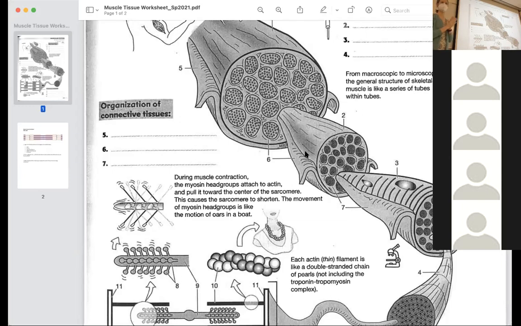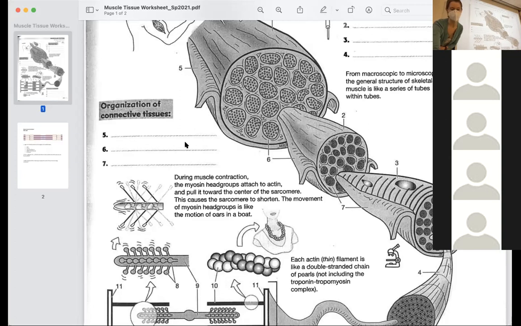What is the connective tissue that holds fascicles together? Myofibril. The myofibril is, that's what's within a cell. So within one muscle cell. So myofibril was the answer to 4 up here.